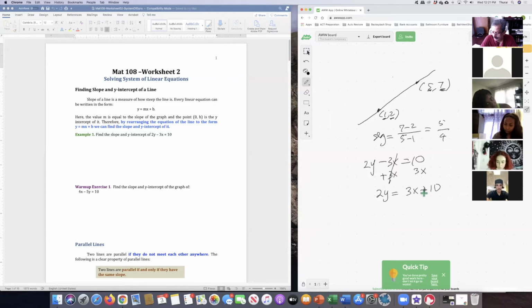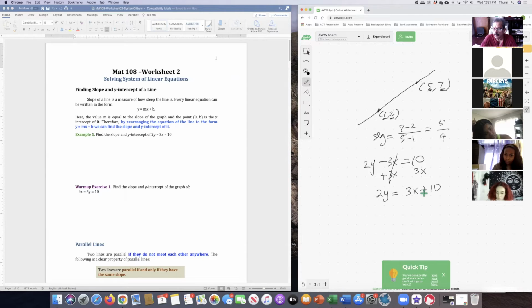I need to get the y by itself. So what's the next thing I need to do? Divide by 2, right? So divide both sides by 2. Now you remember that you can do anything to both sides. So that gives me y on the left, and this fractional expression can be split. Let me explain quickly.